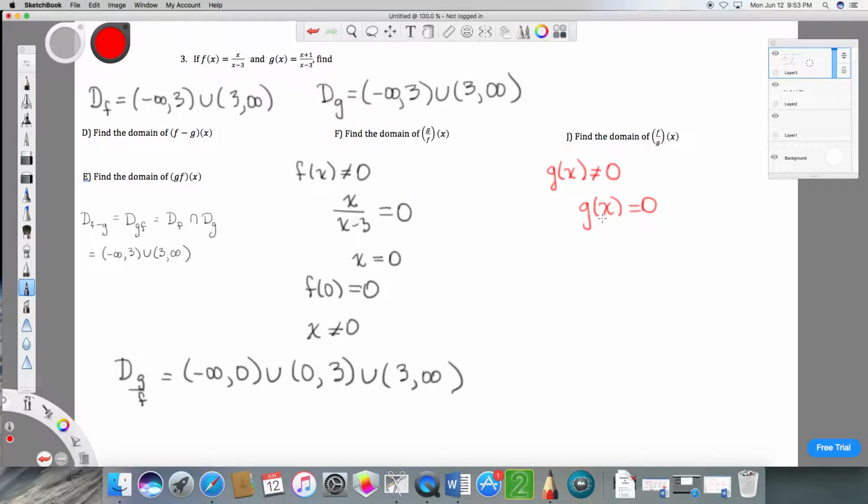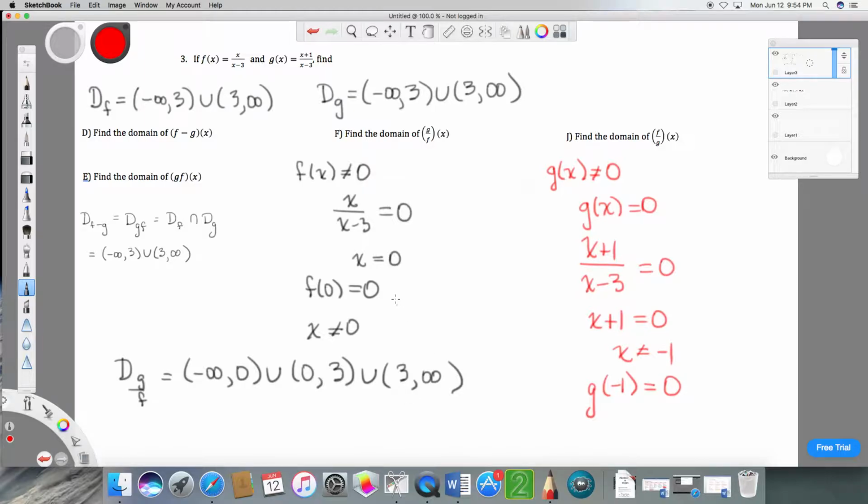Well, g of x is this ratio x plus 1 over x minus 3. And if a fraction reduces to 0, it's because of the numerator, since the denominator can never be 0. So if x were allowed to equal negative 1, g evaluated at negative 1 is equal to 0. We don't want that to happen, so we have to throw out negative 1 from the domain. So we've already thrown 3 out, and now we have to throw negative 1 out.